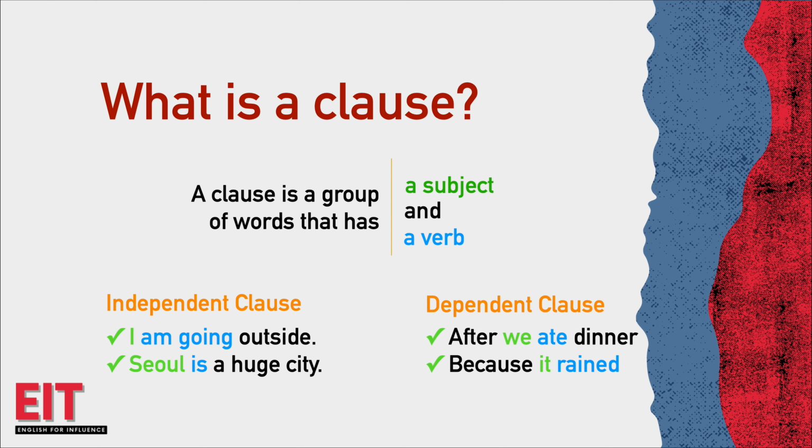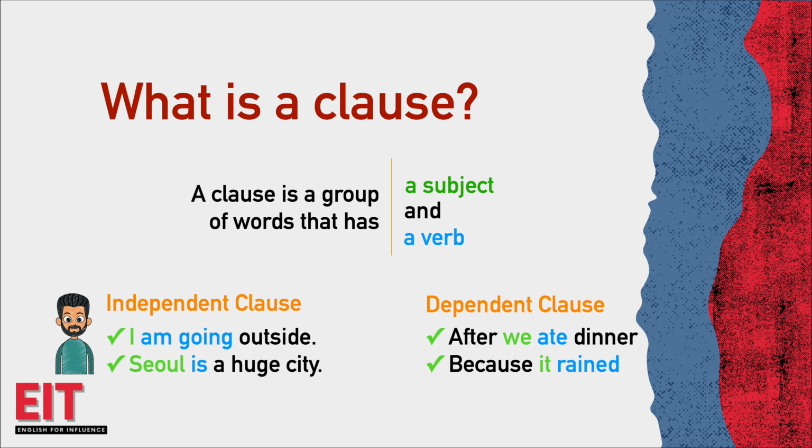So when you say independent, that means it's like an adult. It can stand on its own, right? What I mean by it can stand on its own is if you read it, I'm going outside. It makes sense, right? I can understand what you're trying to say. So it has a subject, it has a verb, and it also has a complete thought.